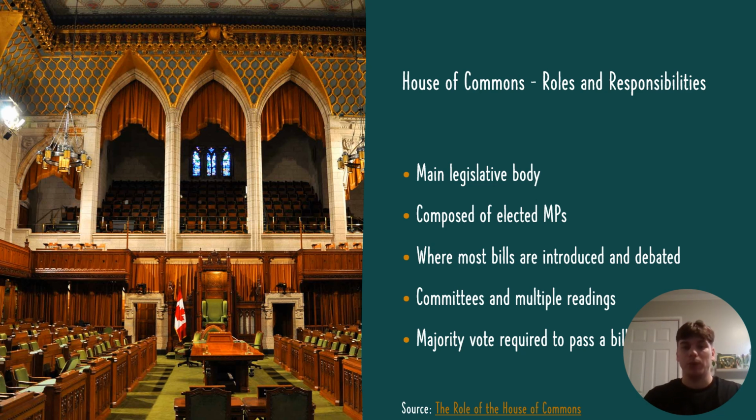Bills go through three readings here with opportunities for debate, amendments, and committee review. The House also plays a critical role in holding the government accountable through question periods, confidence votes, and debates. Because its members are elected, the House is the most direct representation of the people's voice in government.